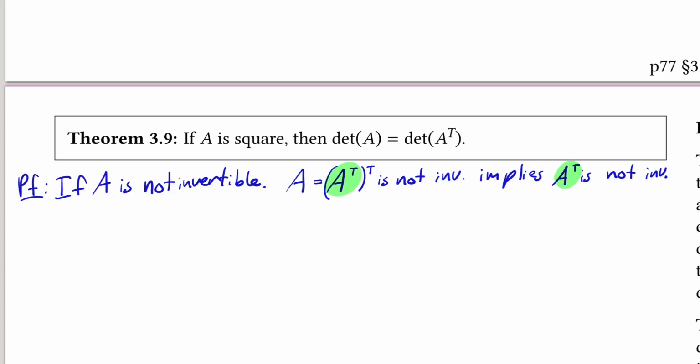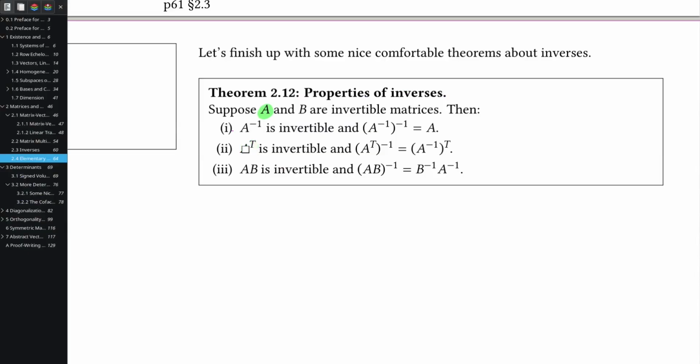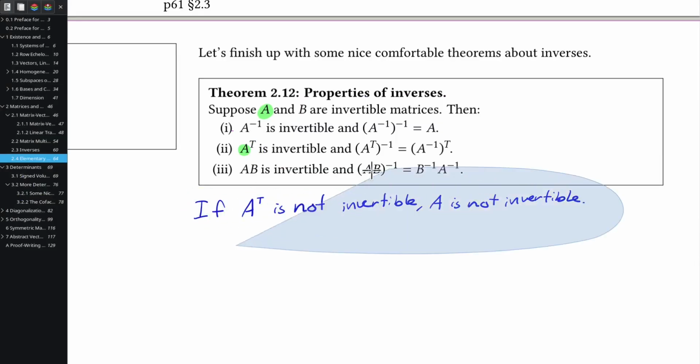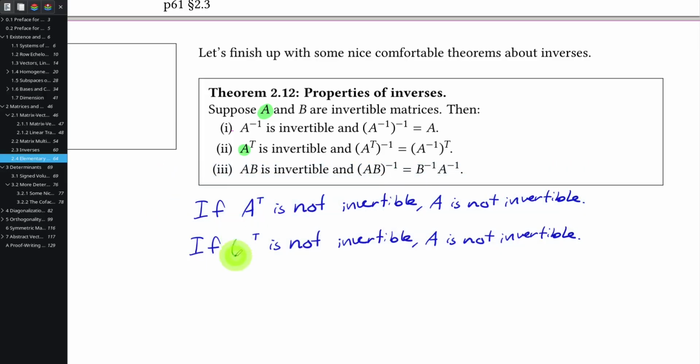So that was probably confusing because we're both replacing A in this theorem with A transpose and also using the contrapositive of it. That's the contrapositive of part 2 of this theorem, replacing A with A transpose.